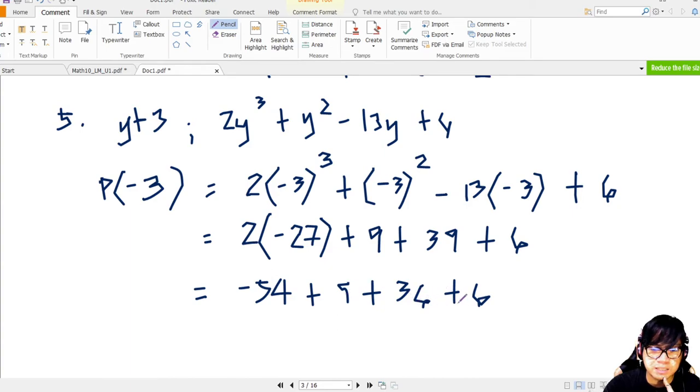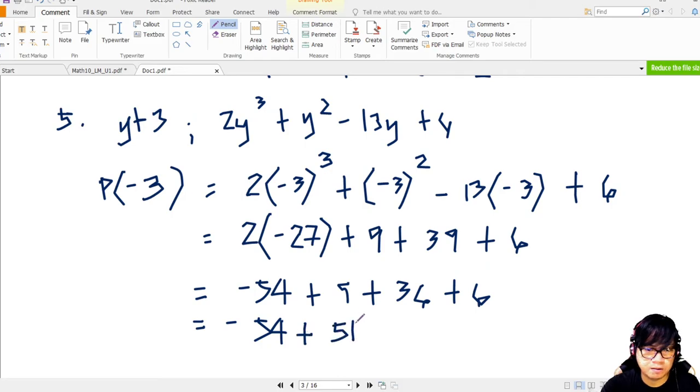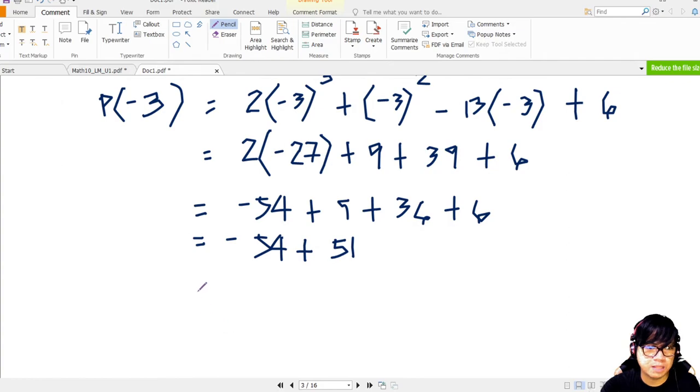So, 36 plus 6 is 42, plus 9, 51. So, magiging negative 54 plus 51. So, negative 54 plus 51, negative 3.